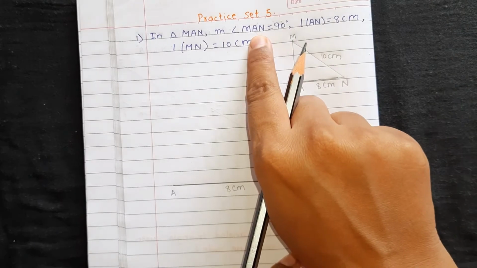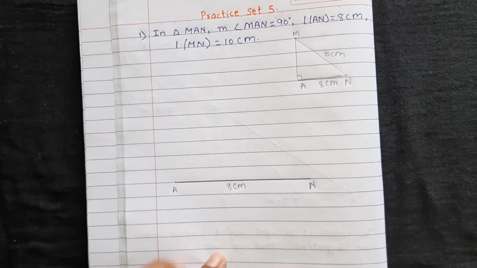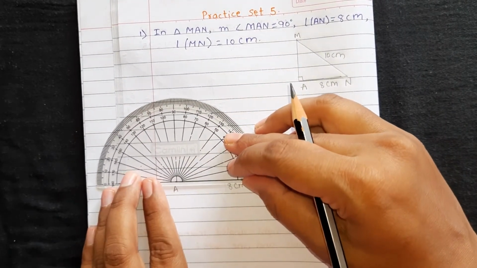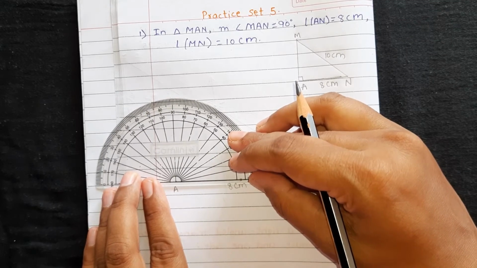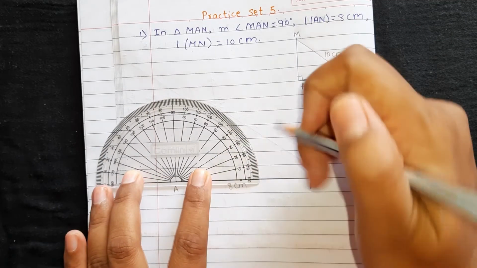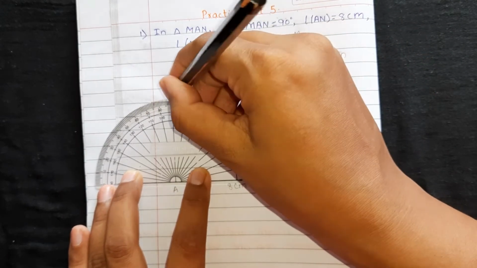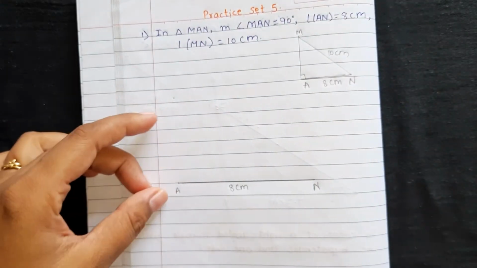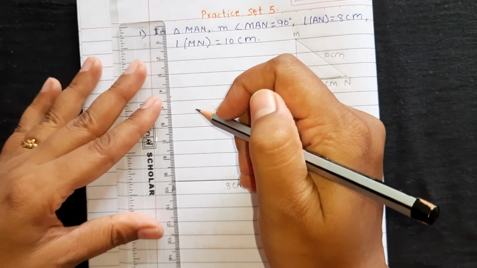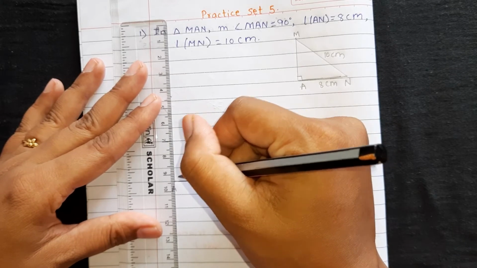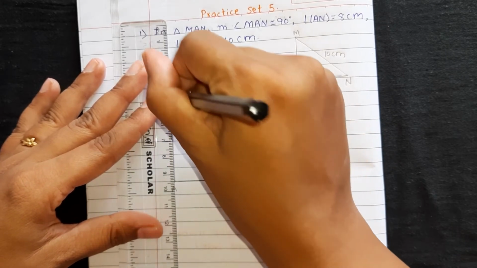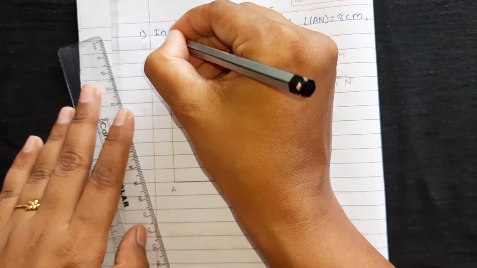Now from point A we have to draw 90-degree angle. So keep the protractor at point A and mark the 90-degree angle. Join this point with point A and draw a ray. We will draw a ray.